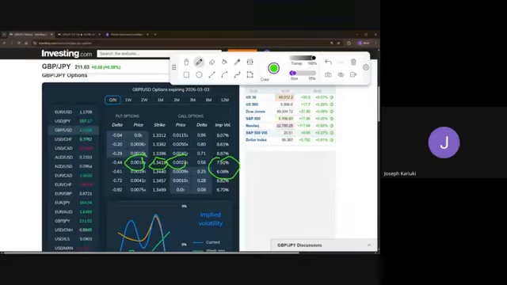Which side has the high delta? Basically, the call side has the highest delta. So, number one, which side is more expensive than the other? Number two, how is the implied volatility? Number three, take a look at the delta.